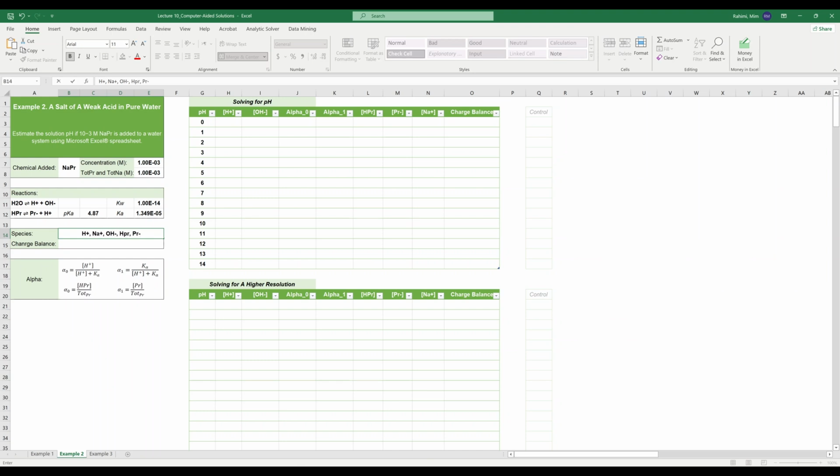So basically, instead of 4, we have 5, because the sodium concentration is added in this solution. Sodium is a positively charged species, so it's part of the charge balance equation. So this would be the charge balance.